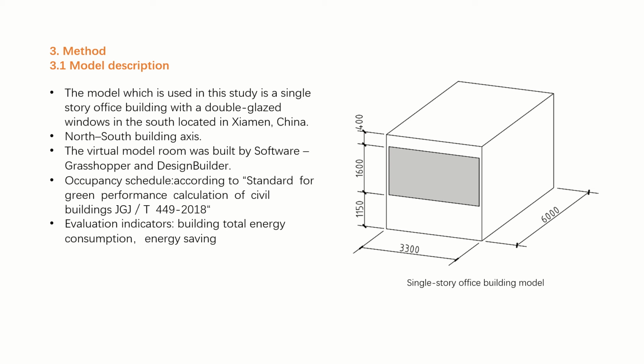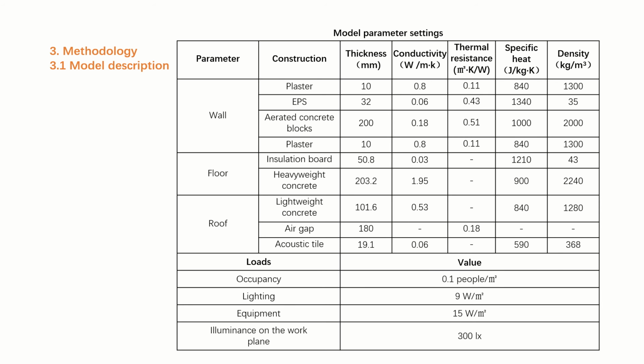By the way, we also use the ratio of comfort time as an auxiliary index. And you can see the figure on the right and the table on the next page show the detailed dimensions and parameters of the office.